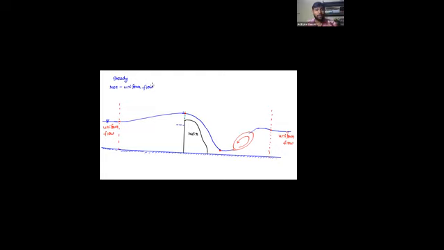now again, I am going to divide it into two parts. One is GVF. What is meant by GVF? Gradually varied flow.